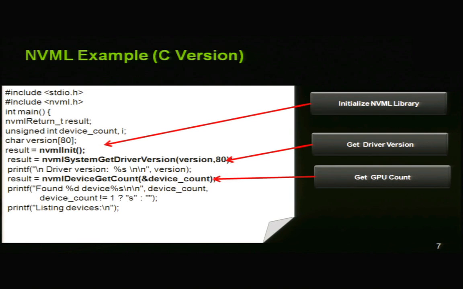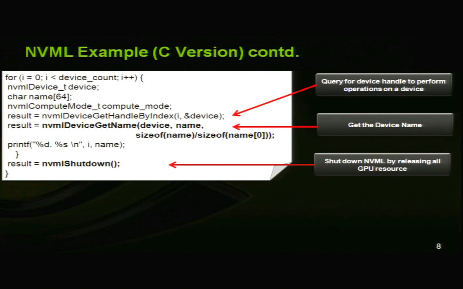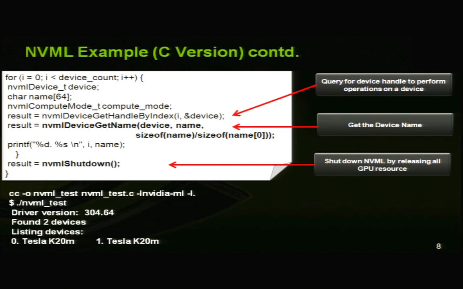You can get the device count for this system, and here you go via loop and get all the device names, and at the end you have to shut down the NVML.